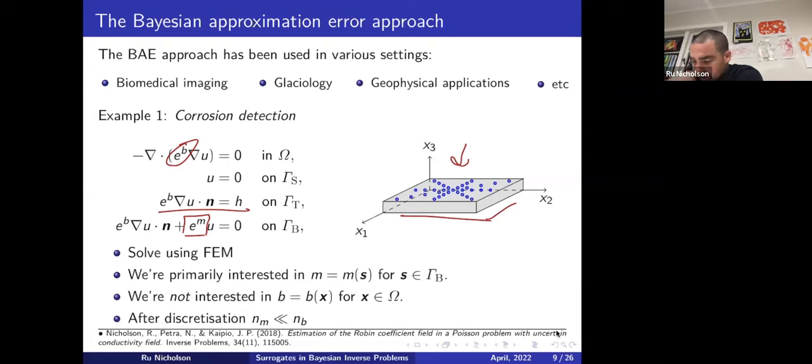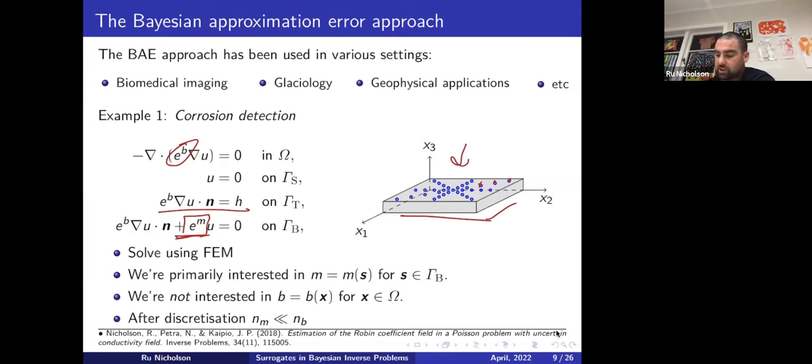Just a quick recap: we take measurements of the temperature at these locations. We feed a thermal flux through the top, take measurements at those locations, and try and estimate the admittivity of that bottom boundary.